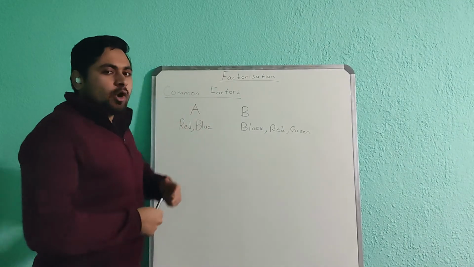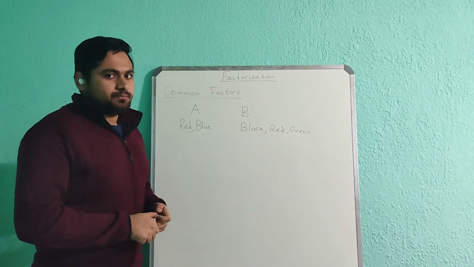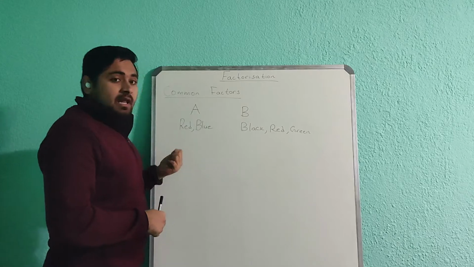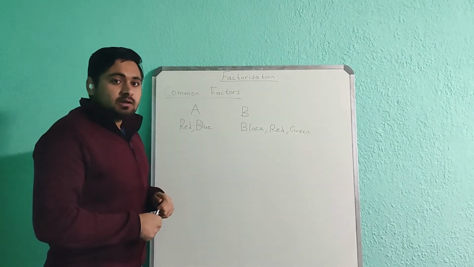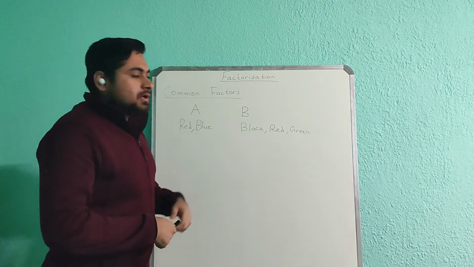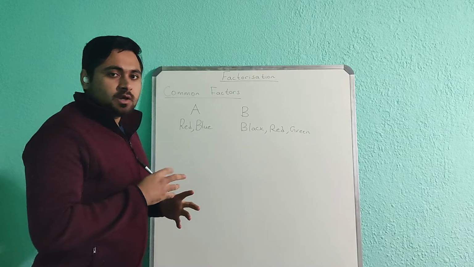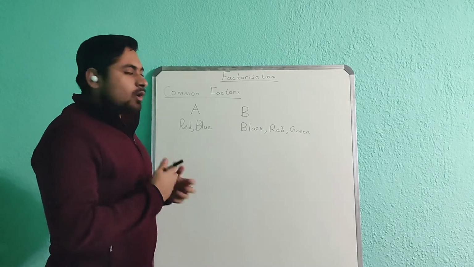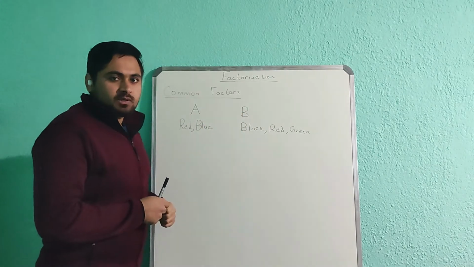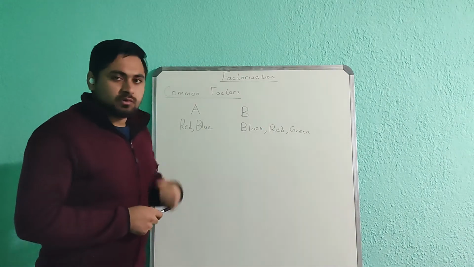As you can see the word common, right? So we have person A and person B. Person A likes red and blue color, and person B likes black, red and green color. So what is the common thing between them? What are those common colors between these two people? As you can see, red is the common color between these two, right?